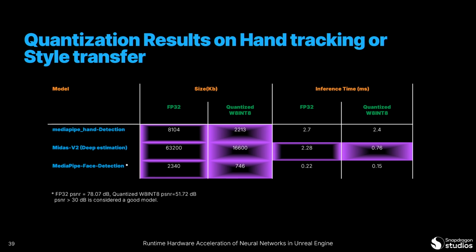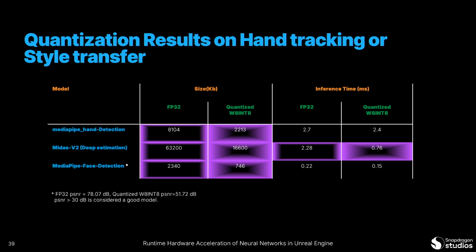You see here I'm showing, for this example provided by AI Hub, the peak signal to noise ratio, which measures, without going into details, how good the model is at doing its job, in this case, detecting faces. And usually that value should be higher than 30 decibels to say this model is working.